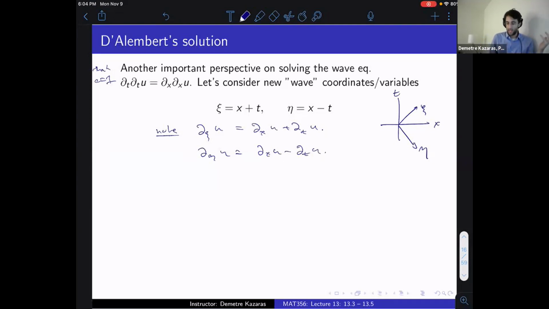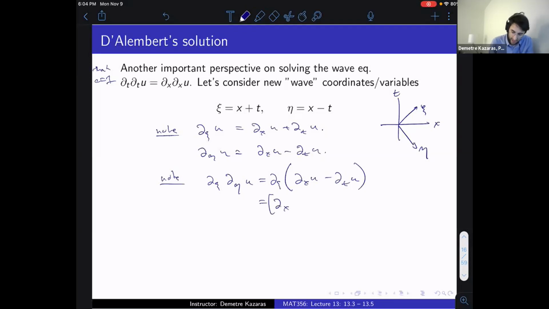Why is this a good thing? Let's take partial xi of partial eta of u and see what that looks like. Partial eta of u is partial x u minus partial t u. And then I do a similar thing here. Remember, partial xi is partial x plus partial t, so I apply that to partial x u minus partial t u. You have to distribute.